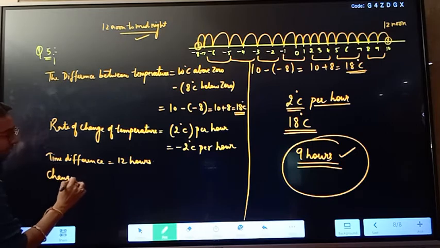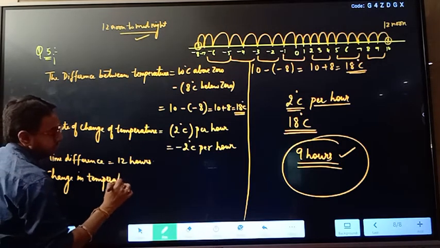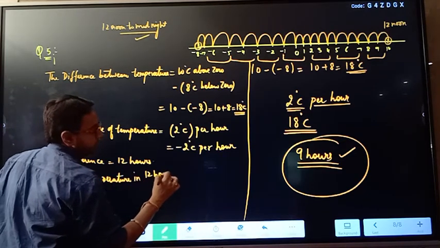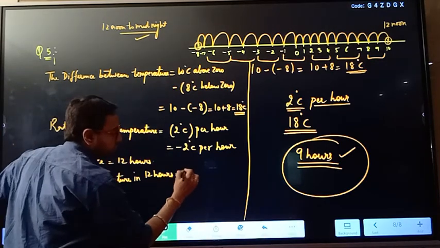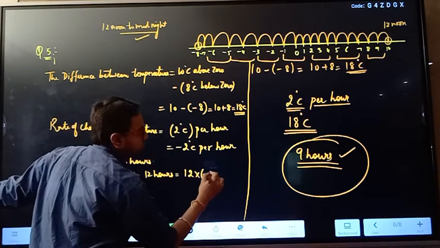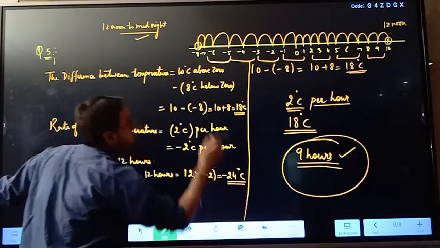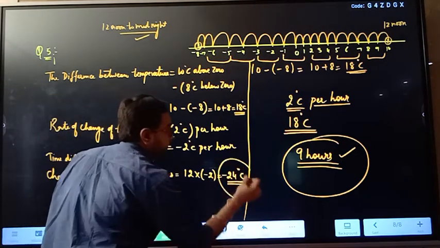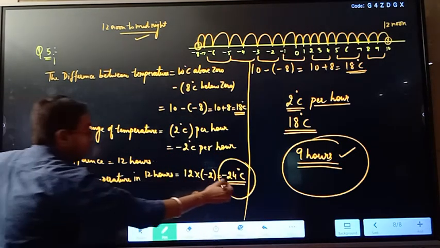Per hour it is decreasing by 2, so in 12 hours it will be decreasing by minus 2 times 12, therefore minus 24 degrees Celsius. Clear with this? Very important.